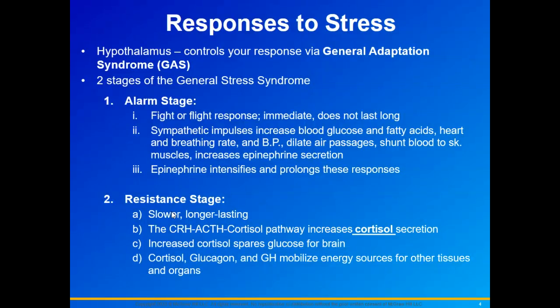From there, this is going to be important because we're going to steal glucose, we're going to steal glycogen from other areas of the body, and we are going to give that primarily to the brain so that we can think and try to get through this situation. So cortisol, glucagon, and growth hormone are going to mobilize energy sources for other tissues and organs. That's also going to go along with this. It's essentially just trying to bring you back into homeostasis.